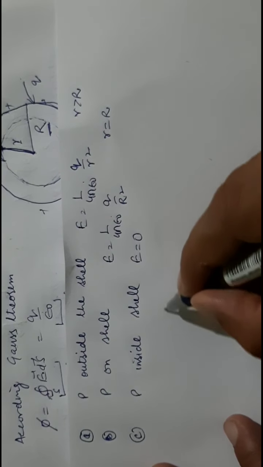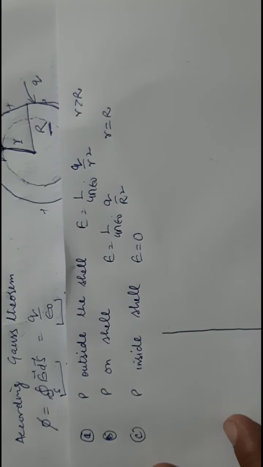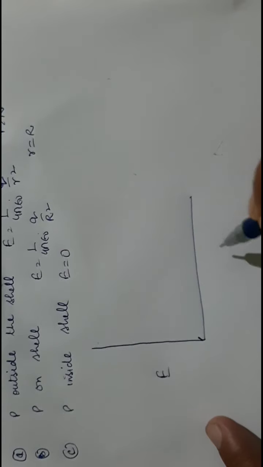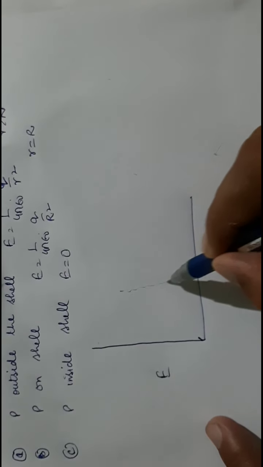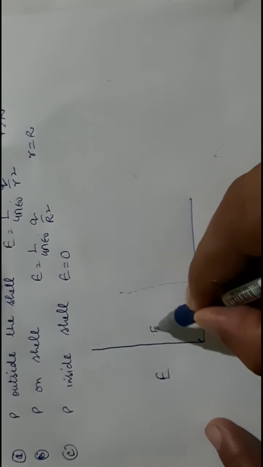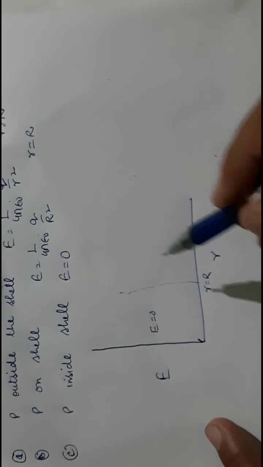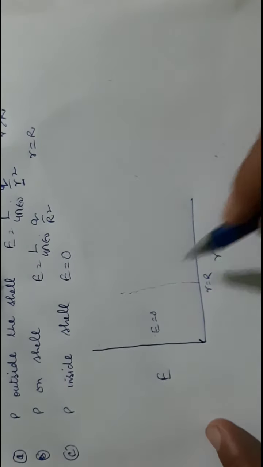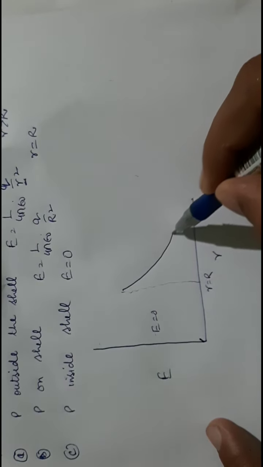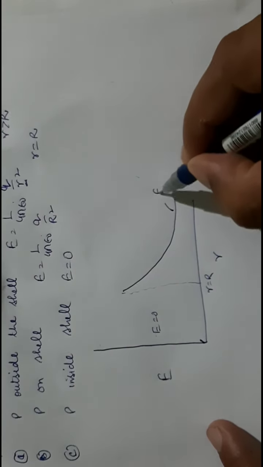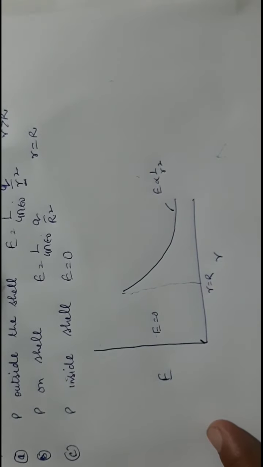If I draw these three observations in a diagram, this is your E, this is your radius. Here small r is equal to capital R. Inside, the electric field is equal to 0. Outside, the electric field dies out with radius as 1 upon r square, which represents that the electric field is inversely proportional to 1 by r square.